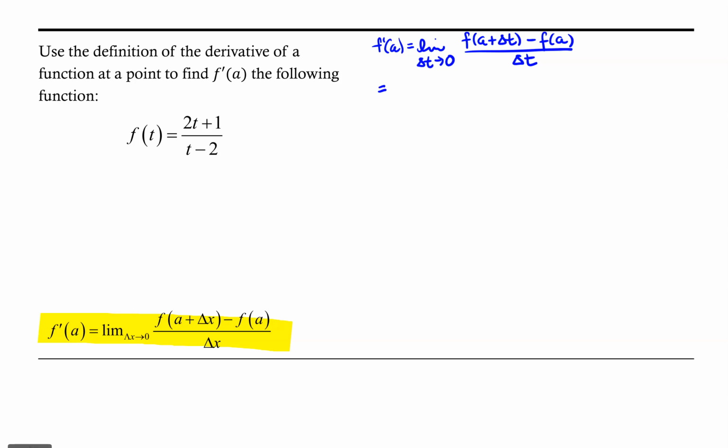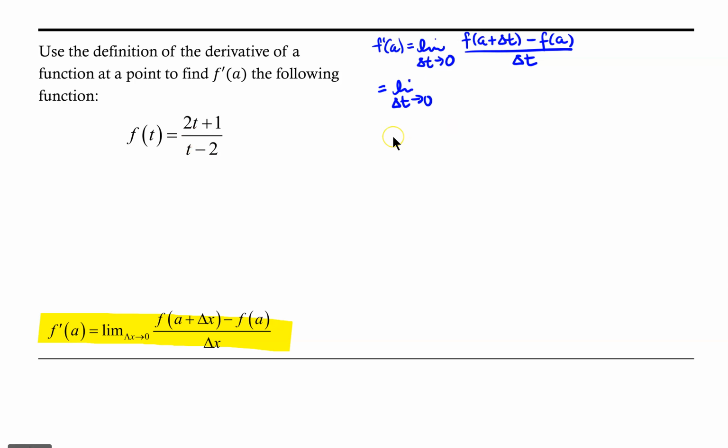Continuing on, we have the limit as delta t approaches 0 of, now I'm replacing every instance of t in my function with a plus delta t.